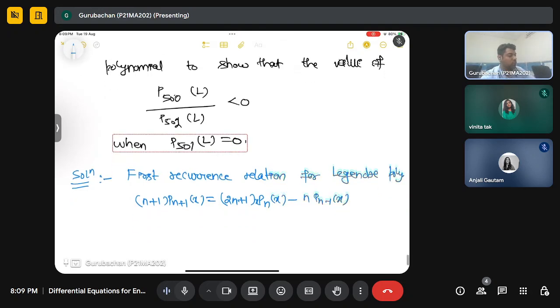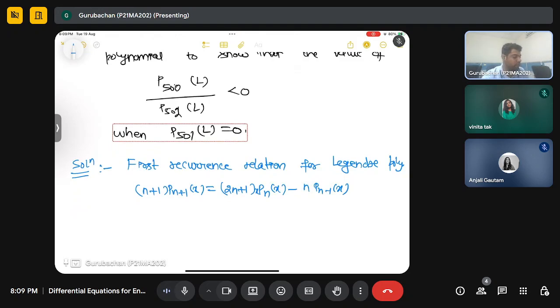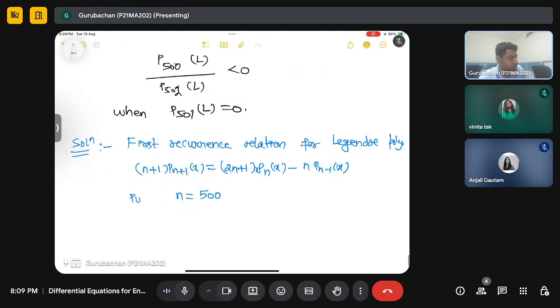So you need to calculate for 500, 502, 501. It's obvious you have to put the value of n as 500. So put n equal to 500.